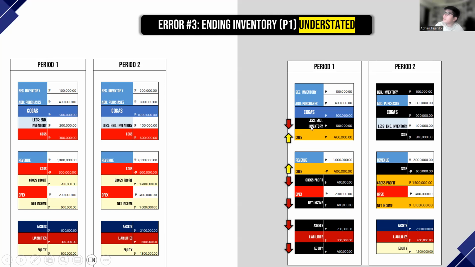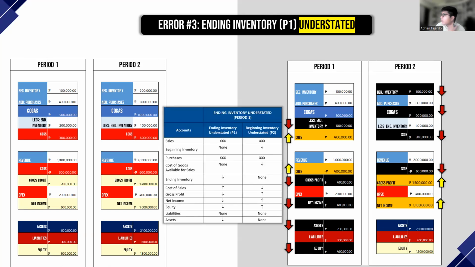Next, because our ending inventory is understated, our beginning inventory will now be understated, and our COGS will be understated, but now our COGS will be understated by 100. So now the opposite happens. Because your COGS is understated, gross profit goes up, and therefore your net income will be overstated by the same amount.